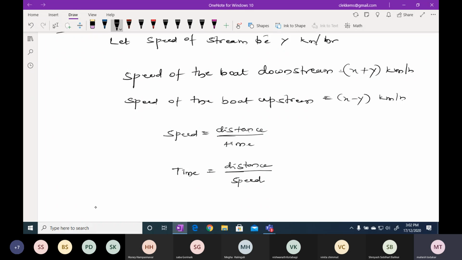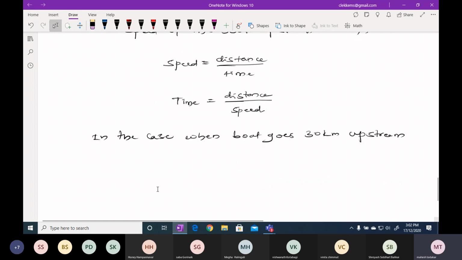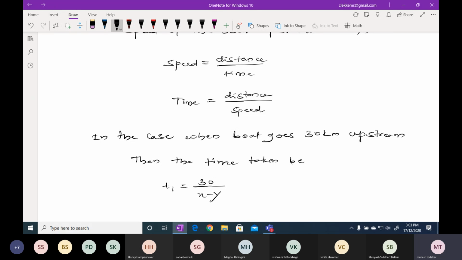So t1 is equal to 30, distance is 30, divided by, upstream means x minus y. So t1 is equal to 30 by x minus y.